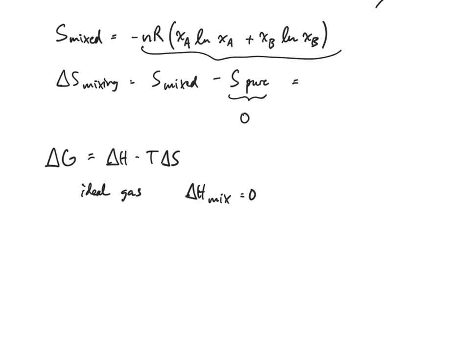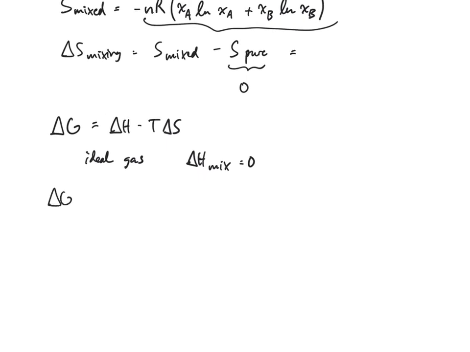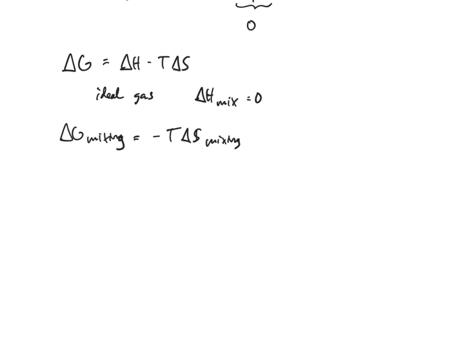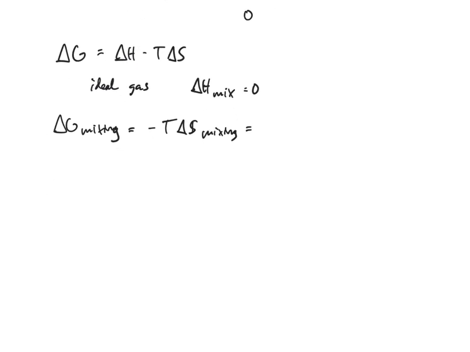And that's just for an ideal gas. So therefore, delta G of mixing equals negative T times delta S of mixing. And that means that this equals positive nRT times (XA log XA plus XB log XB).